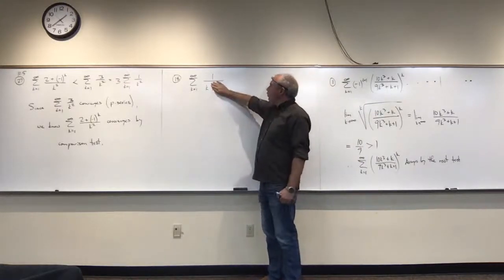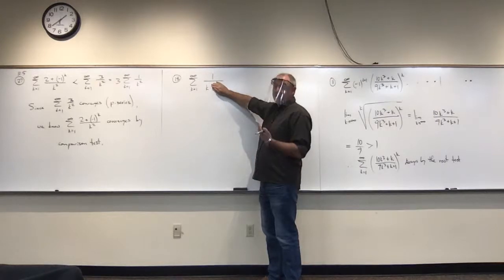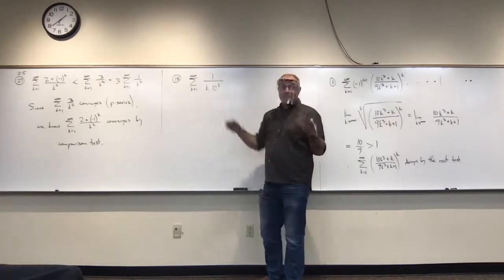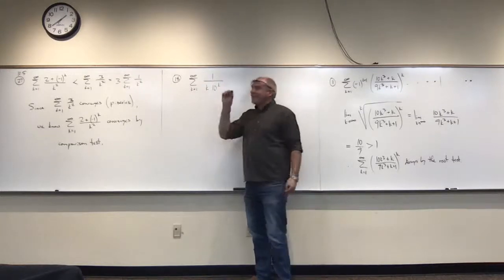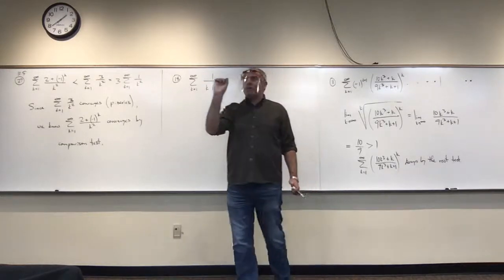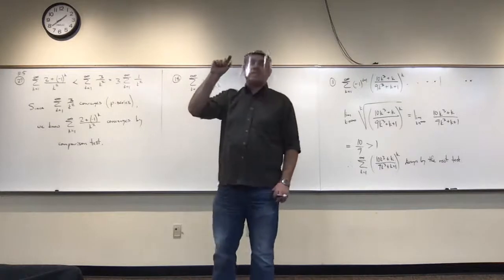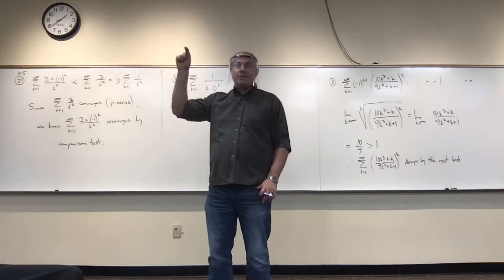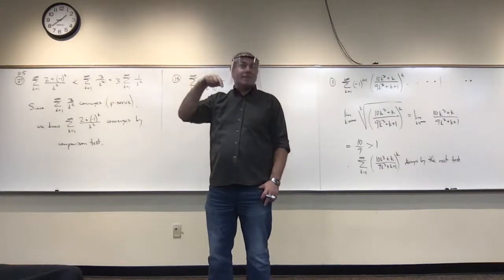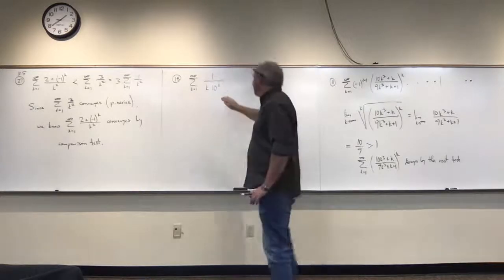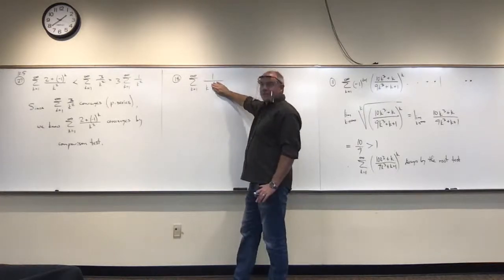We know that 1 over k diverges. But 1 over k squared converges because it's a p-series. In fact, anything over 1, like 1 over k to the 1.1, converges, correct? So this is so close to converging, but it diverges.